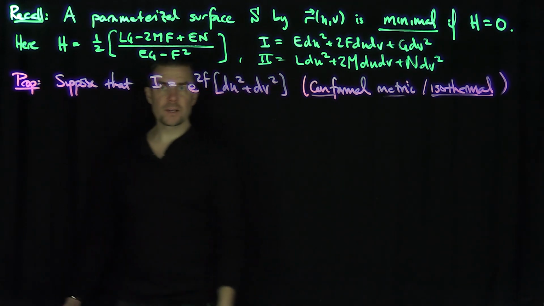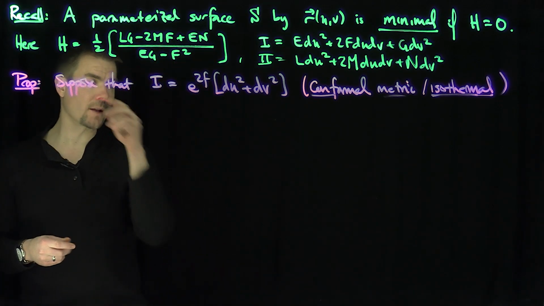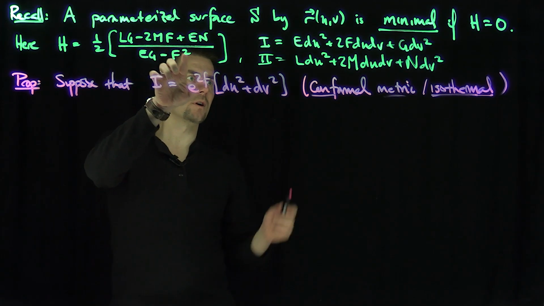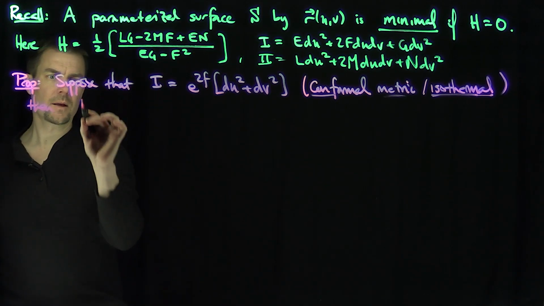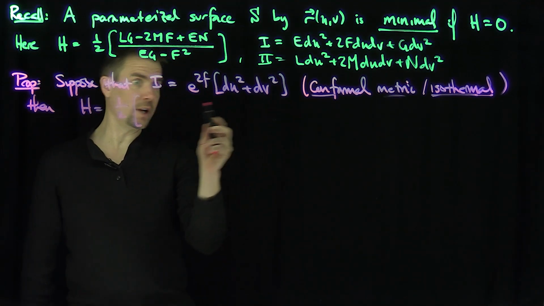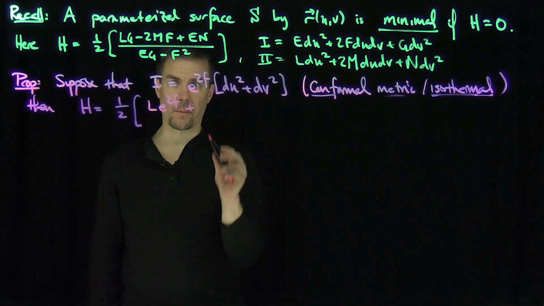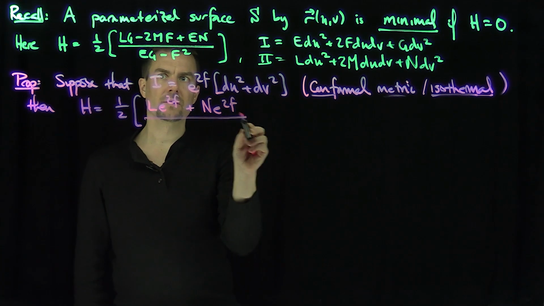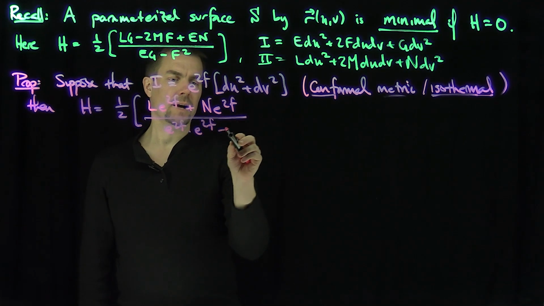Now, if that's the case, what does the formula for the mean curvature reduce to? You have a very special first fundamental form, so there's no F term; it vanishes. So H is 1/2 times L times e to the 2f plus N times e to the 2f, all divided by e to the 2f times e to the 2f minus 0 squared.